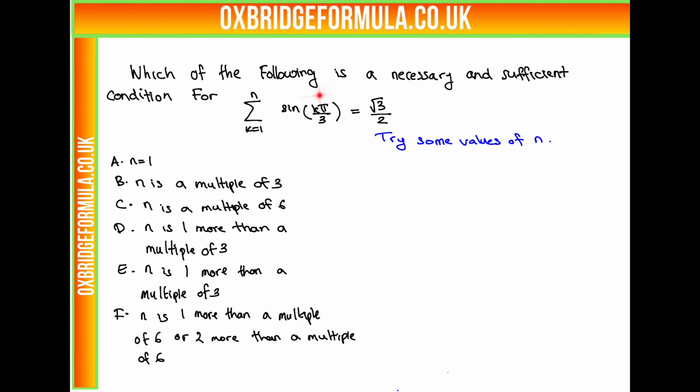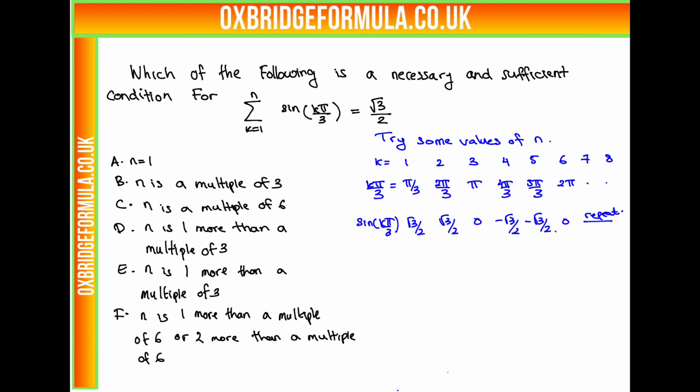And in order to do that, we're going to have to figure out the value of sine of k pi over 3 for some values of k. So I've drawn up a table here, with k equals 1 up to 8, then k pi over 3, which is our argument here, and sine of k pi over 3. When k equals 1, k pi over 3 is just pi over 3, and sine of pi over 3 is just square root of 3 over 2.